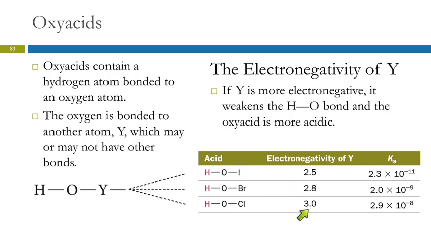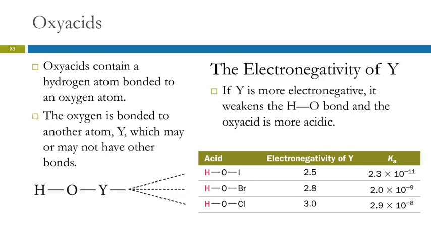The chlorine is more electronegative, so it's pulling electron density away from the oxygen and hydrogen. And so this hydrogen has a larger partial positive charge and the bond is weaker. And so we see that the Ka value for hypochlorous acid is larger than for HOBr, and the HOI is even smaller. Does that make any sense?